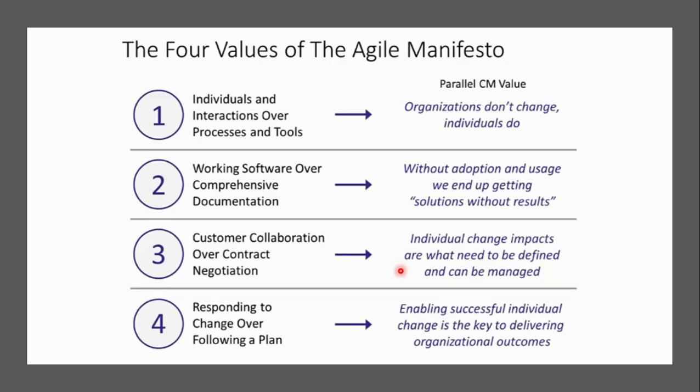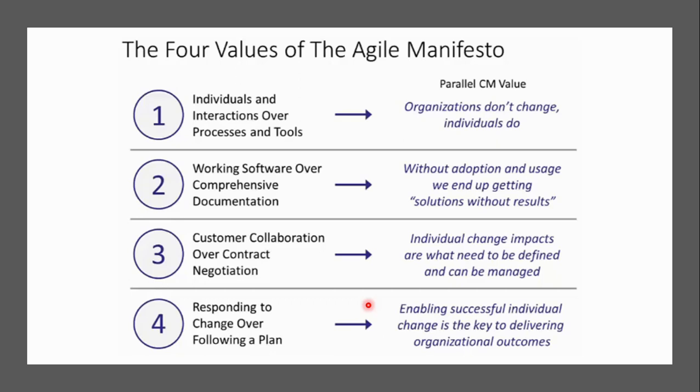Responding to change over following a strict plan. Again, change is given by individuals. The concept that we try to build in change management is that individuals give you change. So enabling successful individual change is the key for a successful outcome.